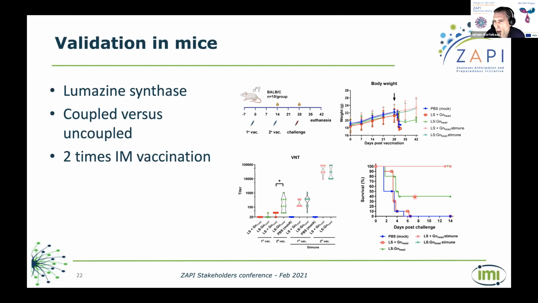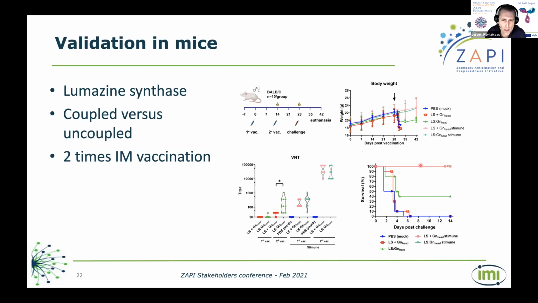However, we also included groups where we used an adjuvant, Stimune, a water-in-oil adjuvant, and we can clearly see that the Stimune has a big contribution, and only with the Stimune you get complete protection from mortality. But nevertheless, this still looks very promising because the mice are very susceptible to Rift Valley fever virus, so it's quite difficult to protect them from lethal disease.